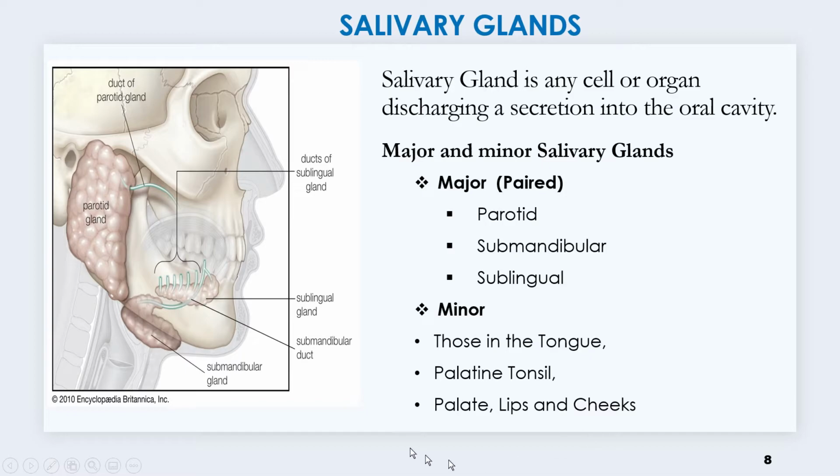You can say buccal glands. All these small cells are considered as buccal glands, because there are different types of cells which contribute to the salivary secretion, but it is almost 7%, not more than that.